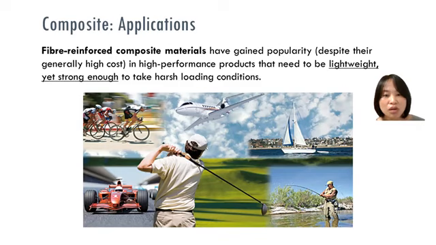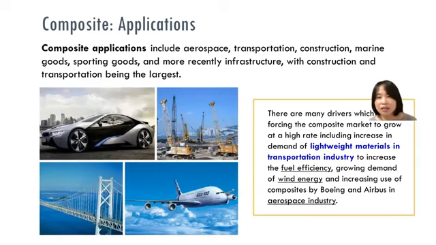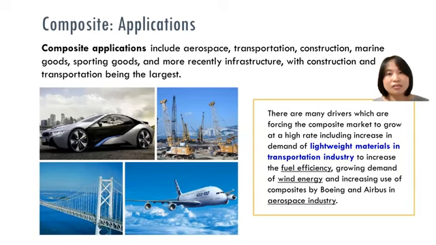That's why more and more applications find composite material to be a good choice, as a part of products or as a new material for that product or application, especially aerospace, transportation, construction, marine goods, sporting goods, and more recently infrastructure, replacing materials with more and more composite materials.